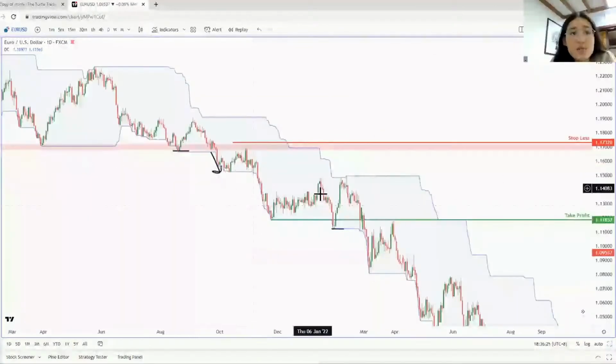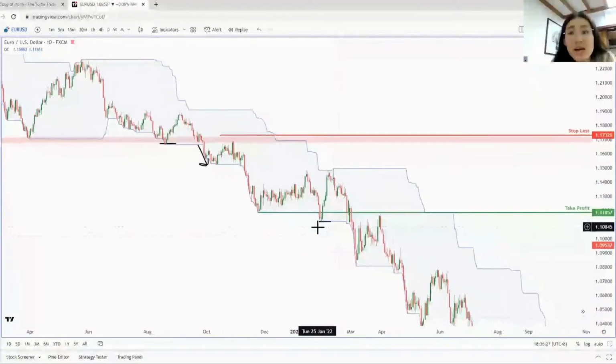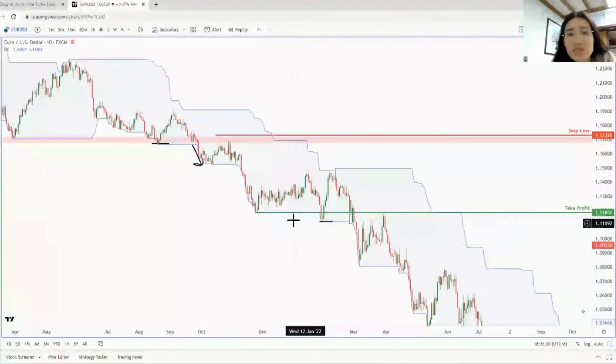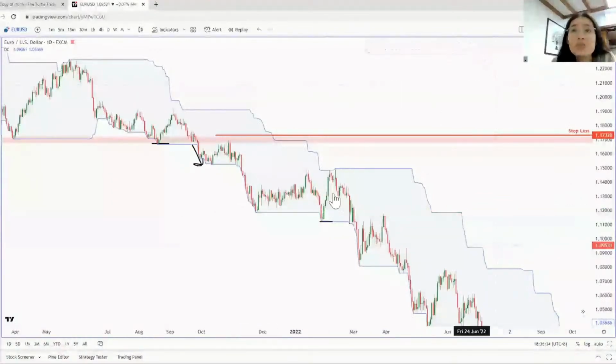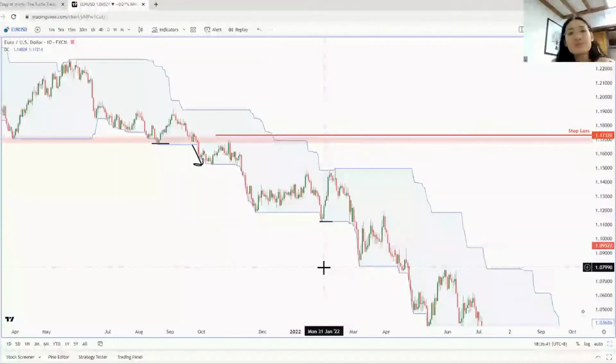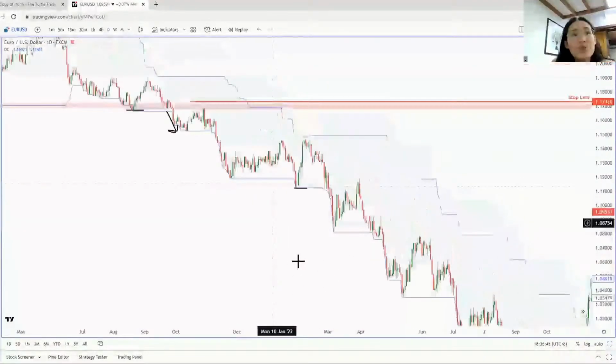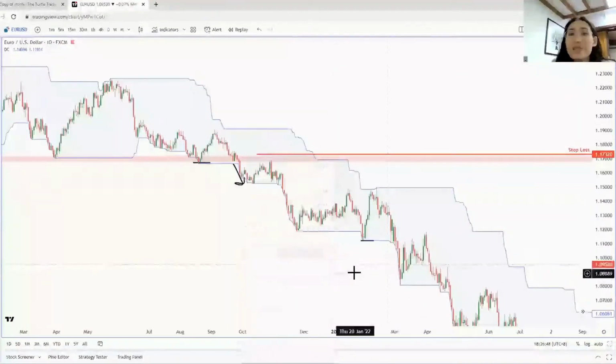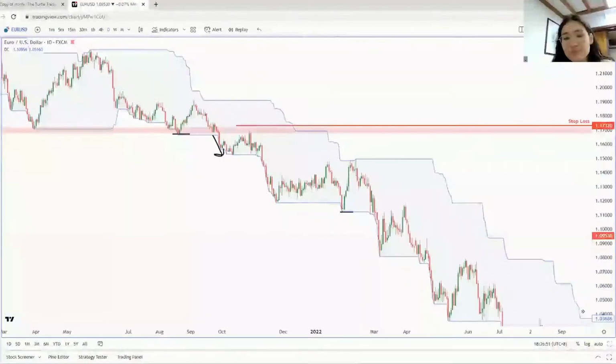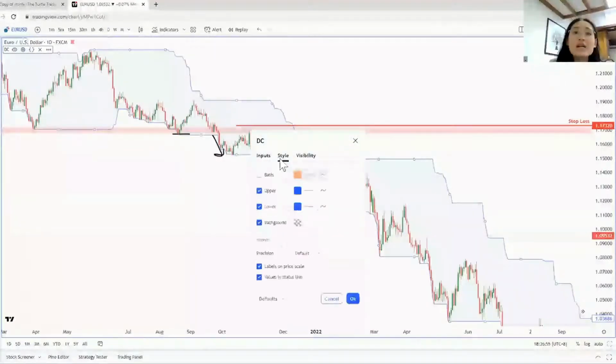You can see from here to here, for example, where I pointed out earlier, it's very clear that price made another low after this previous low, even without my support level. So here, one look, you can see exactly where price has made a lower low, and then that's where they will go in for a sell. So that's just the Donchian channel alone. Let's add the moving average.